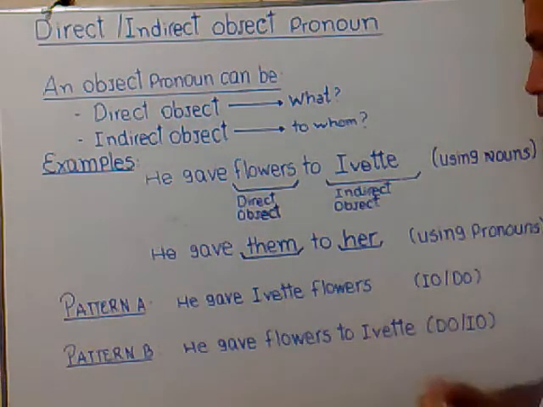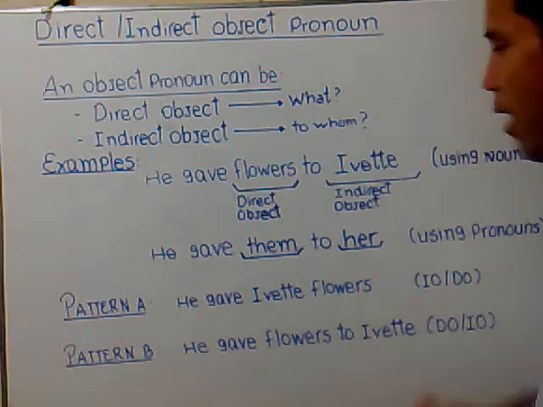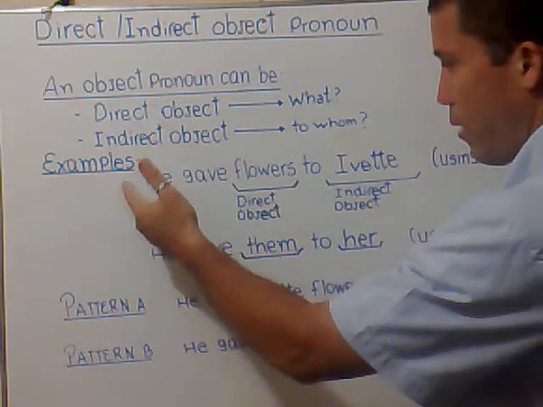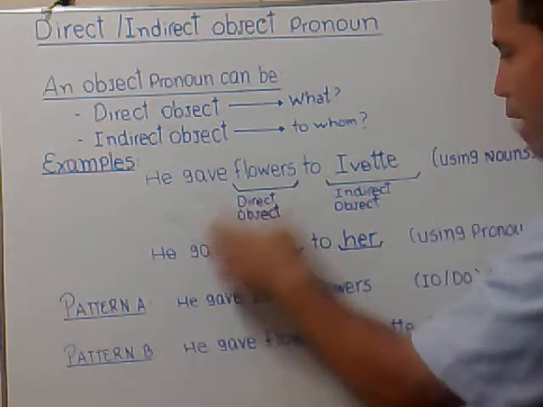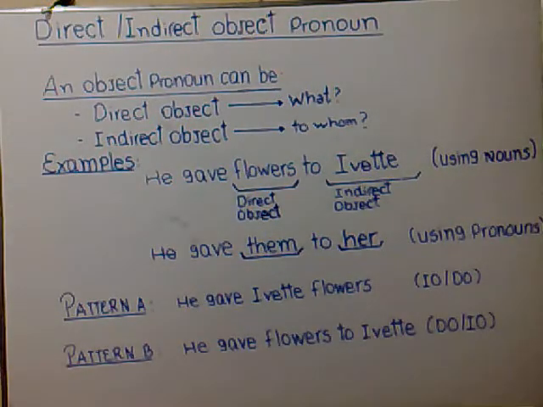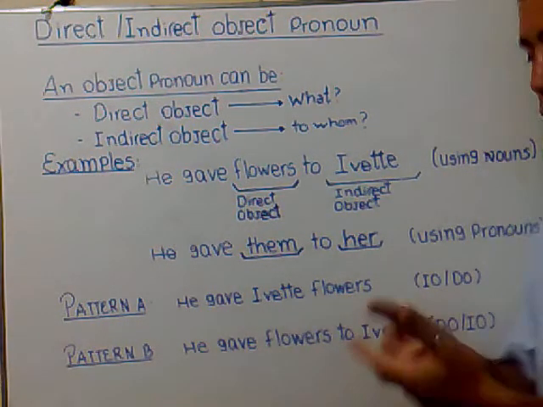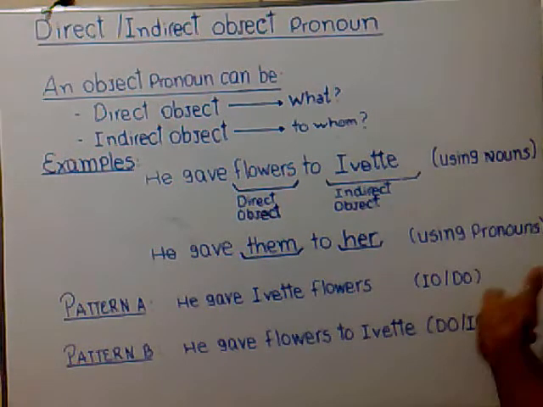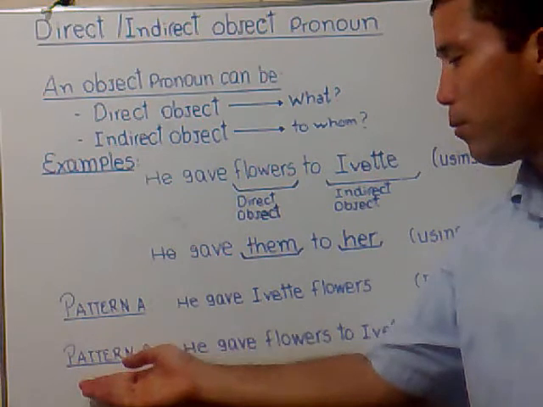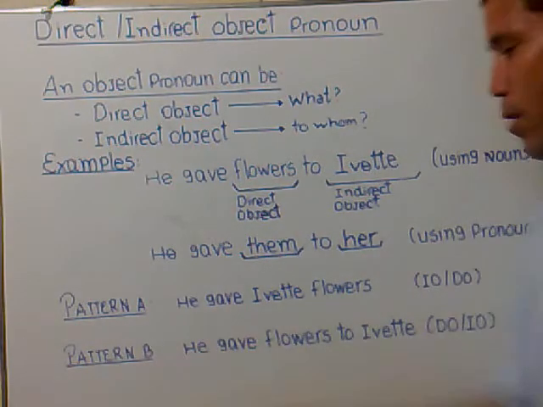What is the difference? What is the similarity? The similarity is that in both sentences, 1 and 2, we have a direct object and an indirect object. Now, depending on the verb I'm using, we're going to follow two patterns.